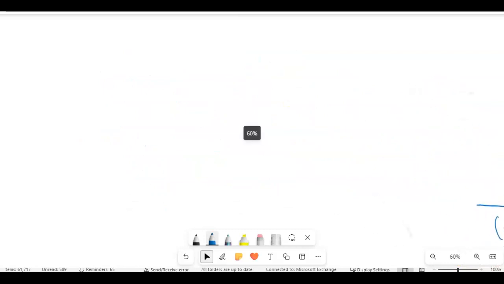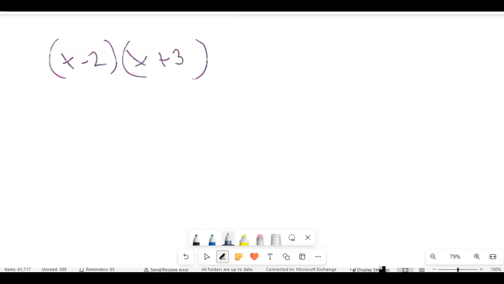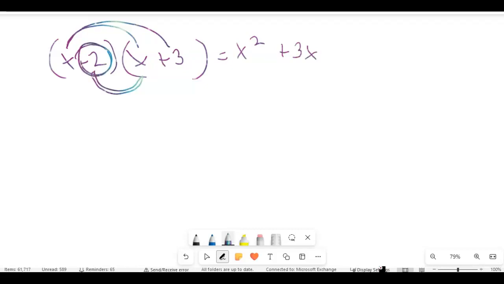All right, so FOIL is what we say to mean that we are distributing and multiplying everything in the parentheses by everything in the parentheses. So with this, I can multiply the first terms, the outer terms, and the inner terms. Remember, this negative is attached to that, so negative 2 times x is negative 2x.